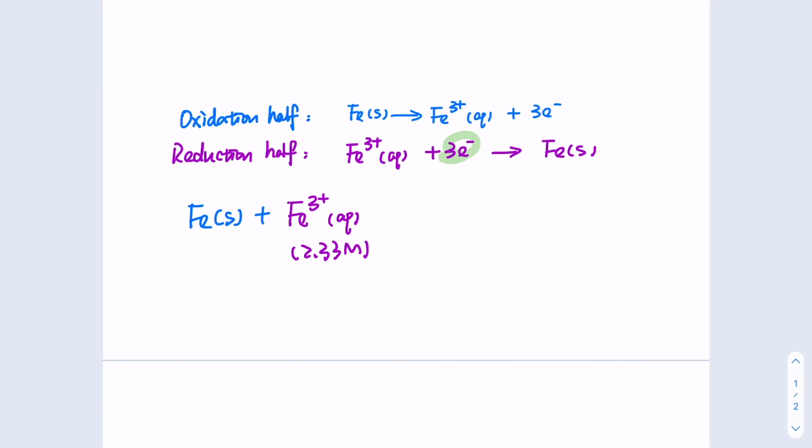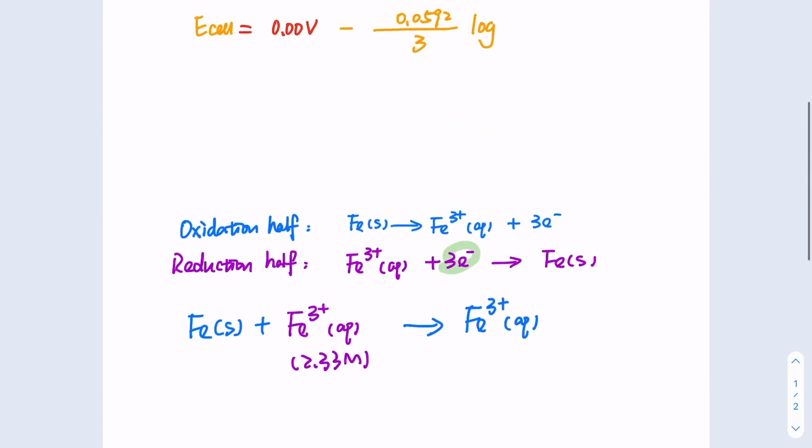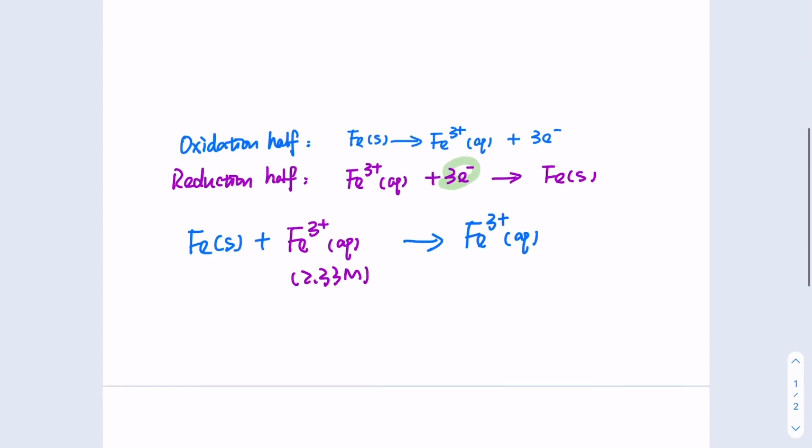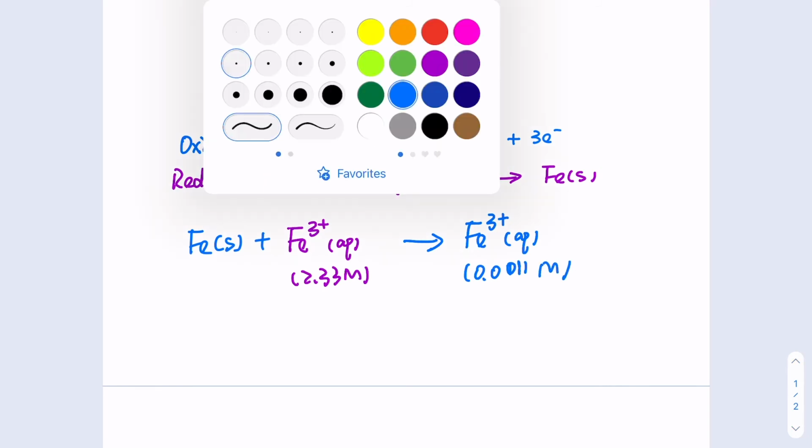The 3 moles, we know, will be canceled out because the number of moles of electrons involved in the redox reaction will be the same. And then you have iron. This blue concentration on my oxidation half will be 0.0011 molar.